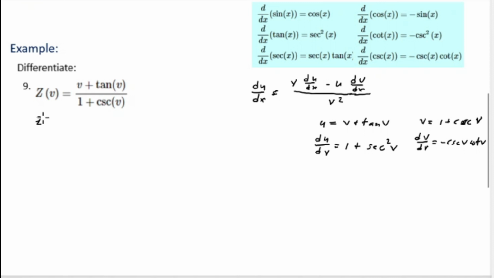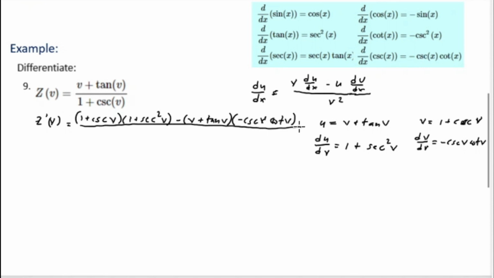So z prime of v is equal to v, which is 1 plus cosecant of v, in parentheses, multiplied by du over dv, which is 1 plus secant squared v, minus u, in parentheses, v plus tangent v, multiplied by dv over dv, which is negative cosecant of v cotangent of v, and divided by v squared, which is 1 plus cosecant v, squared.